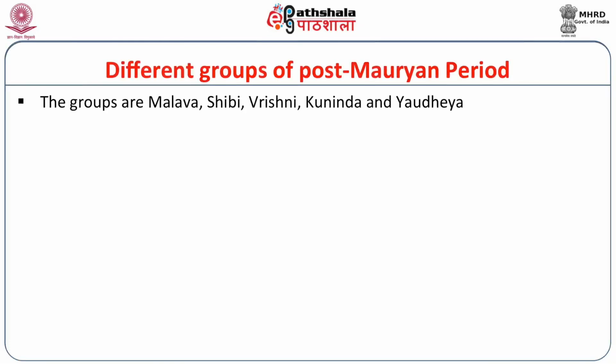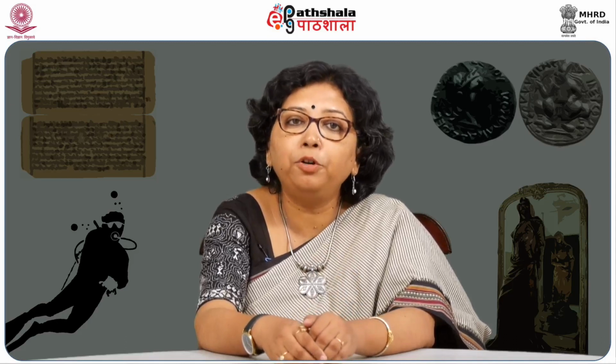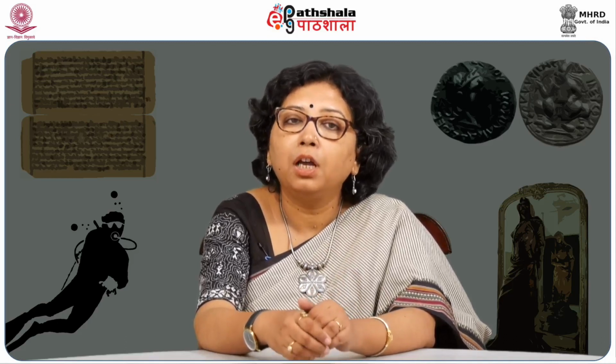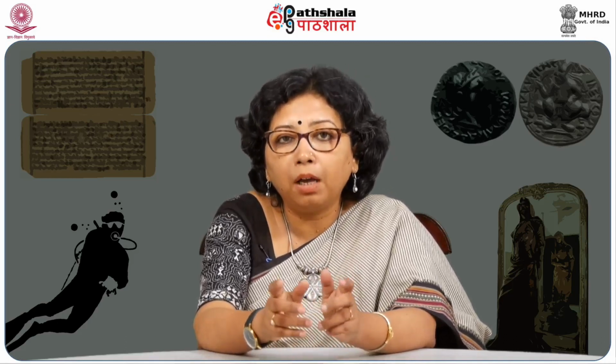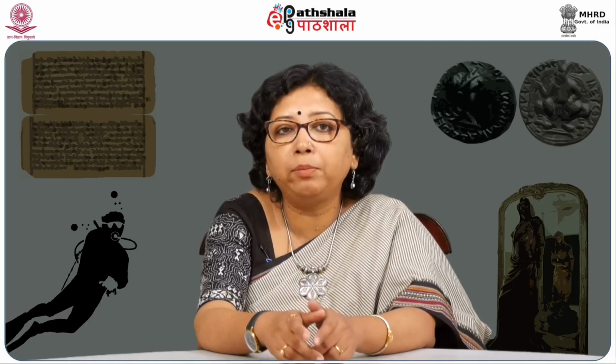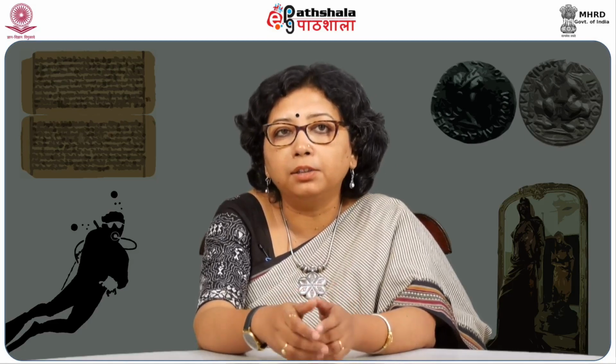The groups that we can see are the Malavas, Shibi, Vrishni, Kuninda and Yaudheya. All of them issued coins, had inscriptions on the coins, and were therefore very important tribal, within quotes, or Ganas.